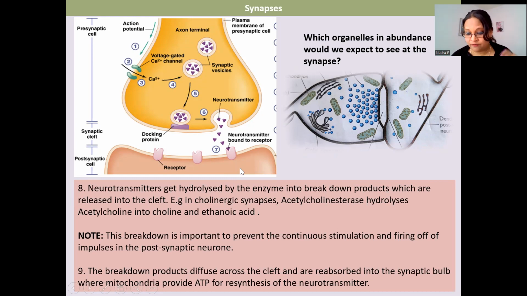So nerve impulses would just continue being fired off in the postsynaptic neuron. And that's not something we want, because if the neuron is connected to muscle, that would result in spasms.